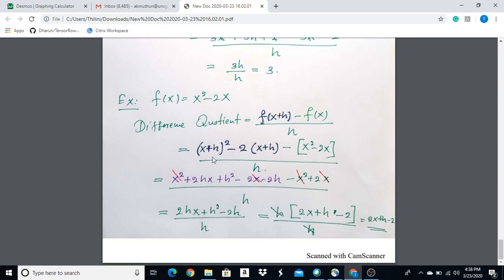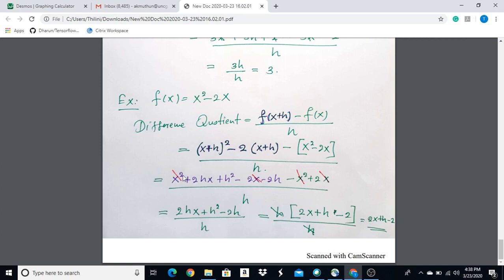Now we can distribute this. X plus h to the power 2 can be written as x squared plus 2hx plus h squared. And now if we distribute this part, this becomes negative 2x, negative 2h, and minus x squared in the last term. And the last term, 2x, becomes positive 2x, because negative times negative becomes positive.